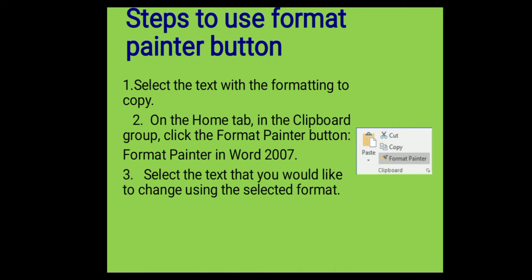Third, select the text that you would like to change using the selected format. You give a different format when you copy and paste, and after that your text appearance changes. When you follow these steps, you can easily change the formatting of the text.